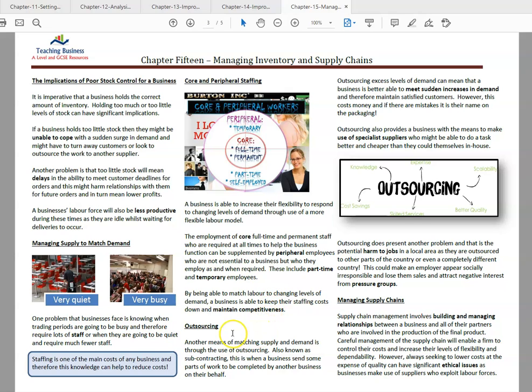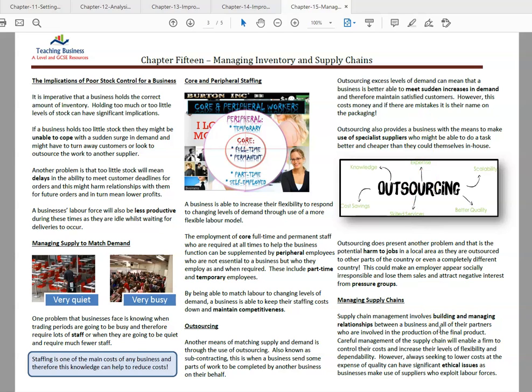If you can't keep up, there's always outsourcing, but of course that's likely to be more costly. So you can get others to do the work for you on a temporary or more permanent basis.